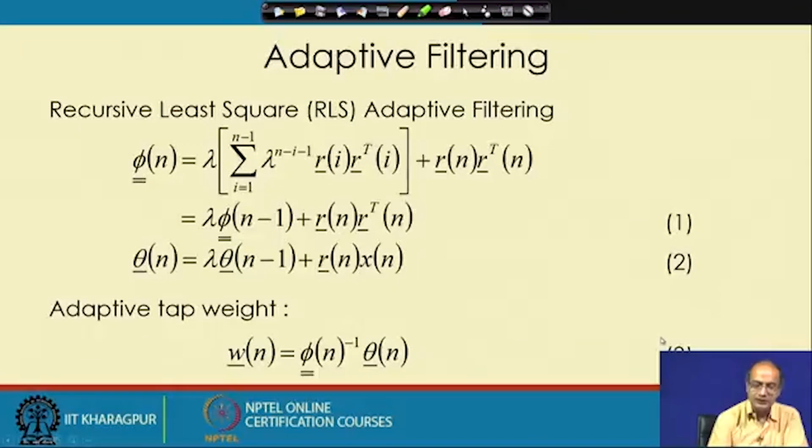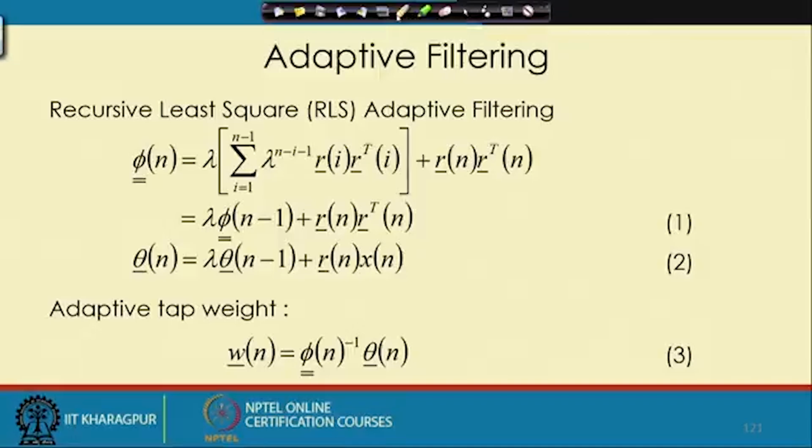Now let us look at how we can compute these values. We see that phi n can be written in this way: we can take out the most recent contribution, the vector Rn and the transpose of the vector Rn, the present values.